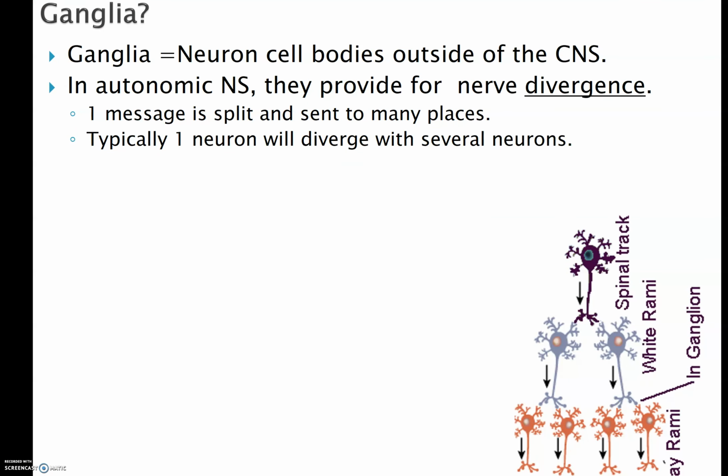So what the heck is a ganglia? Well, it allows for junctioning. So we're going to have some junction right here. We'll call this the lateral horn. So one motor neuron coming down the spinal cord is going to junction to two. They're going to go out into something called a ramus and junction in the ganglia.